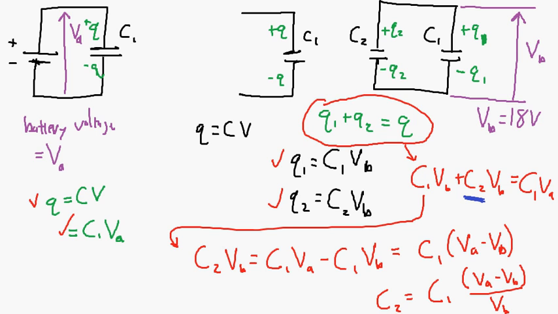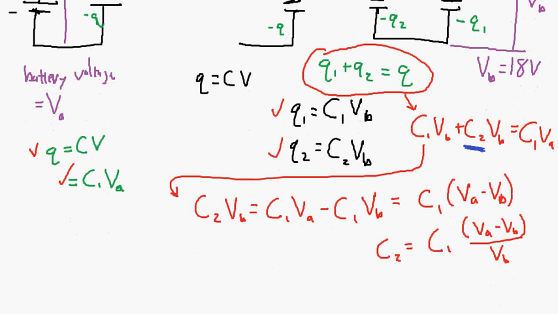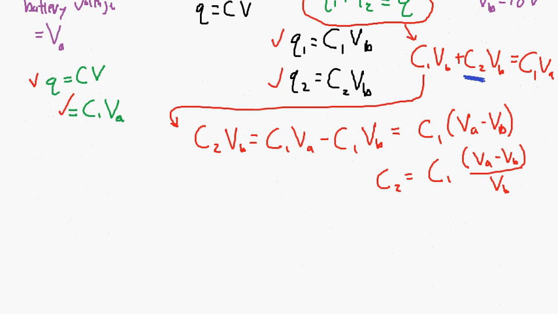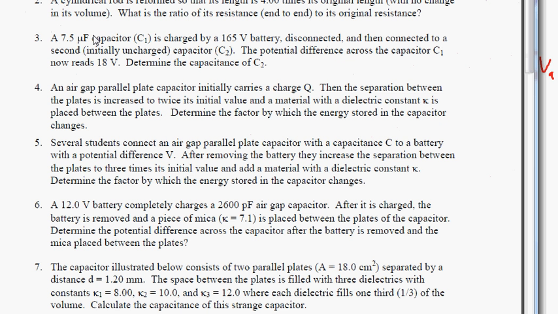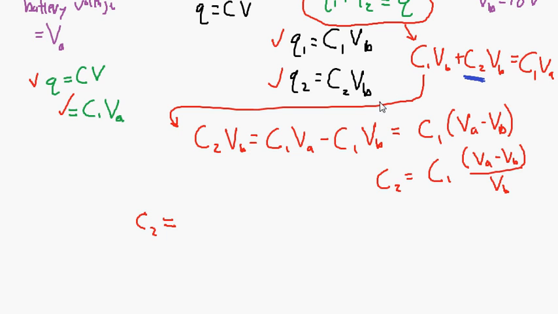Let's just do this up. C2 should equal C1, which was, I think, 7.5 microfarads. Yep. So C2 is 7.5 microfarads, that's C1 there, times VA minus VB.